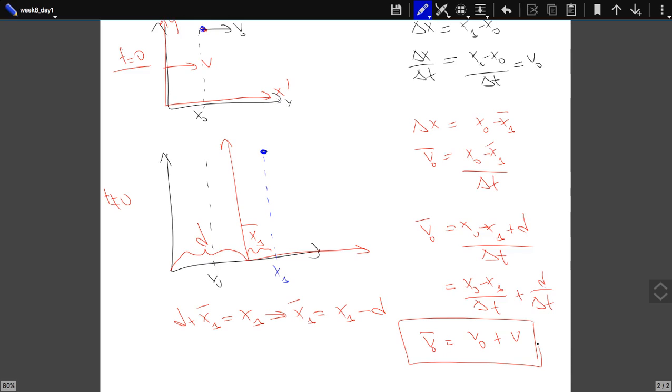So v0 bar is x1 minus x0, because speed is defined as the final position minus the initial position.